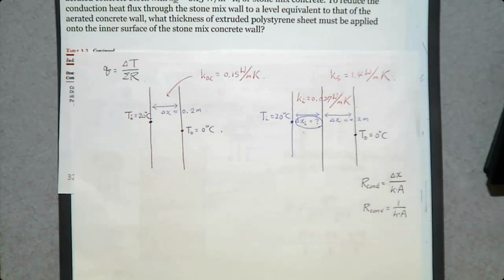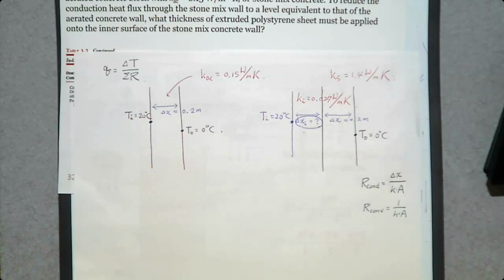And in this case, there is no convection. There should be convection inside and outside. However, we don't care because we already know the temperature difference between this inner surface and outer surface. So beyond that, not our interest, right?